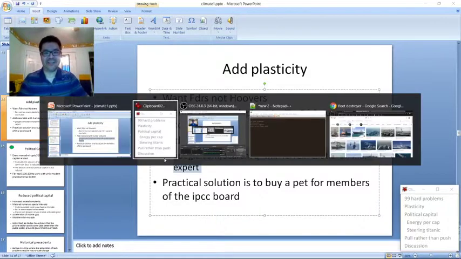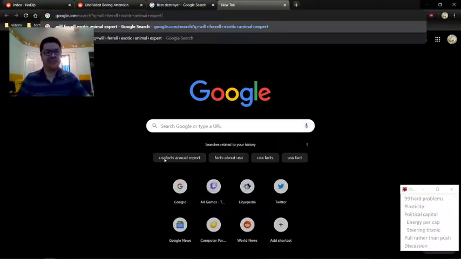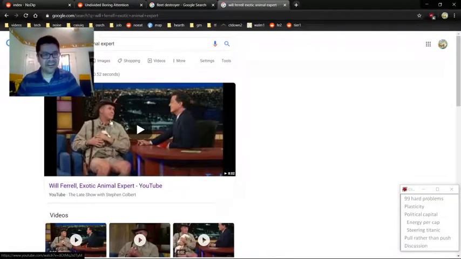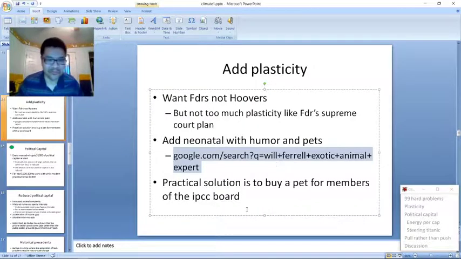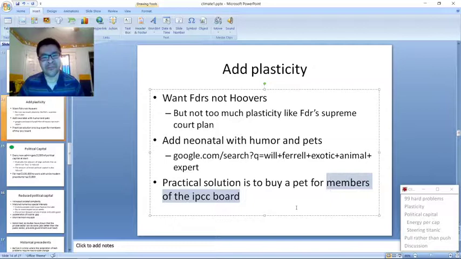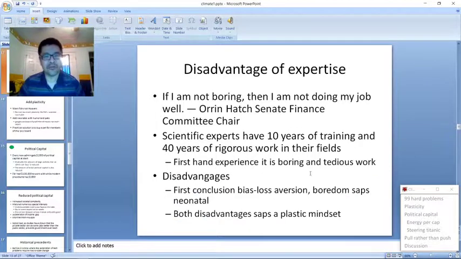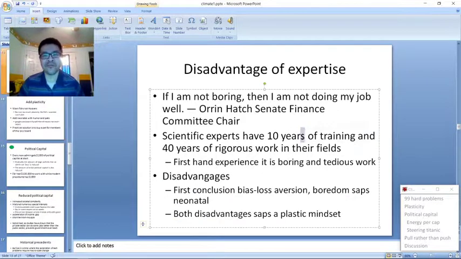So a practical solution would be to buy a cute pet for members of the IPCC board, because the board is made up of scientists who have spent so long in their fields.